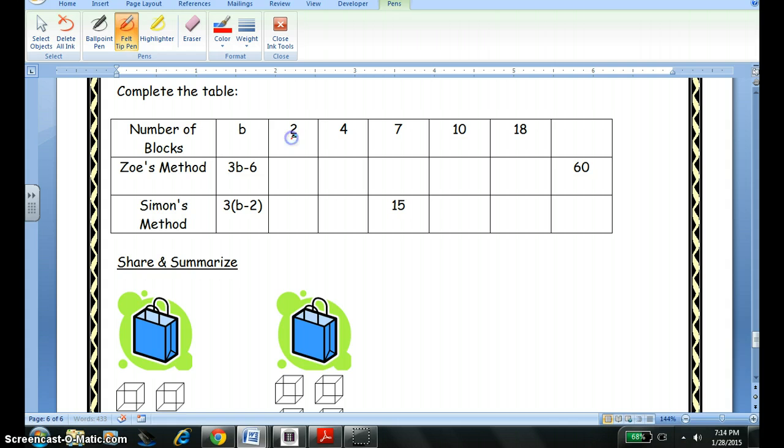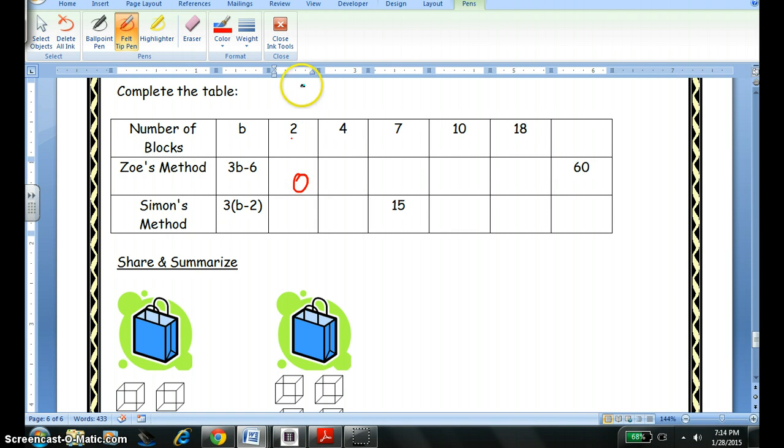So if I'm looking at this first column, I'm going to have 2 times 3, which is 6, minus 6, which is 0. So I would write on here, I would have 0 blocks left.